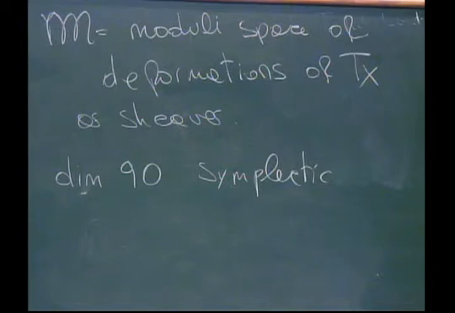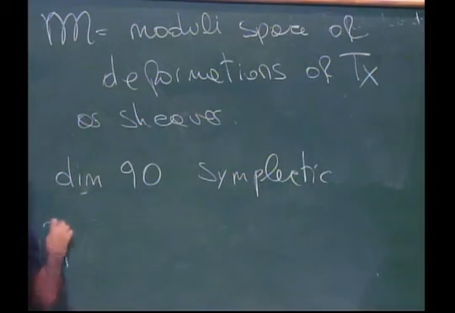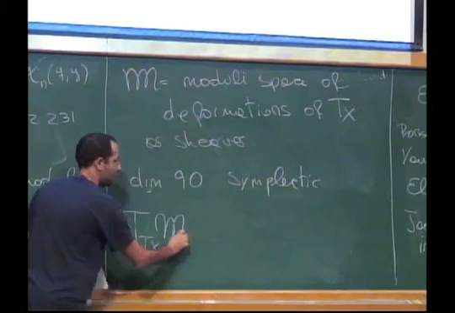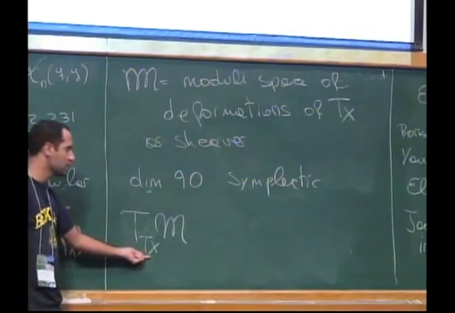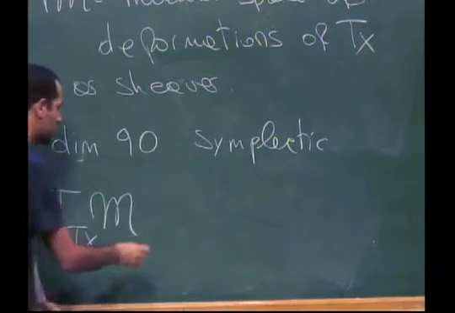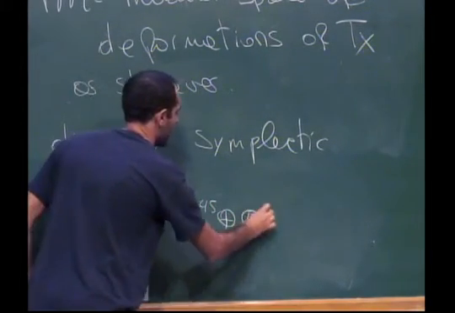So, okay, now, if I look at the tangent space at TX, which is a point in that moduli space M, this is a complex vector space of dimension 90 that is symplectic. So this is naturally C^45 plus C^45.